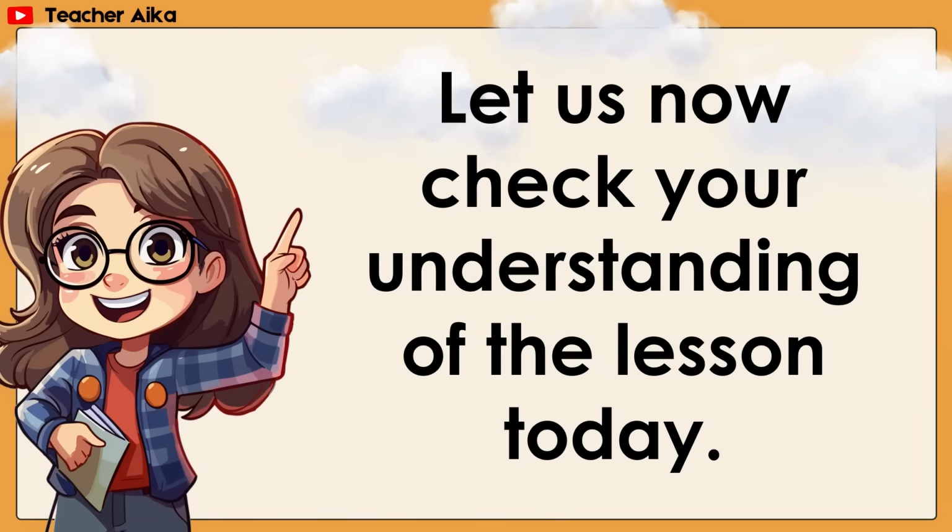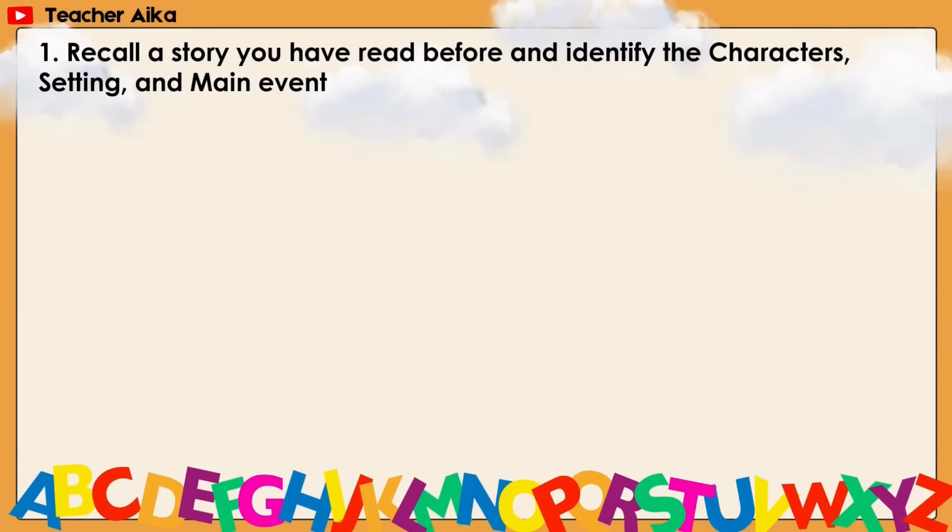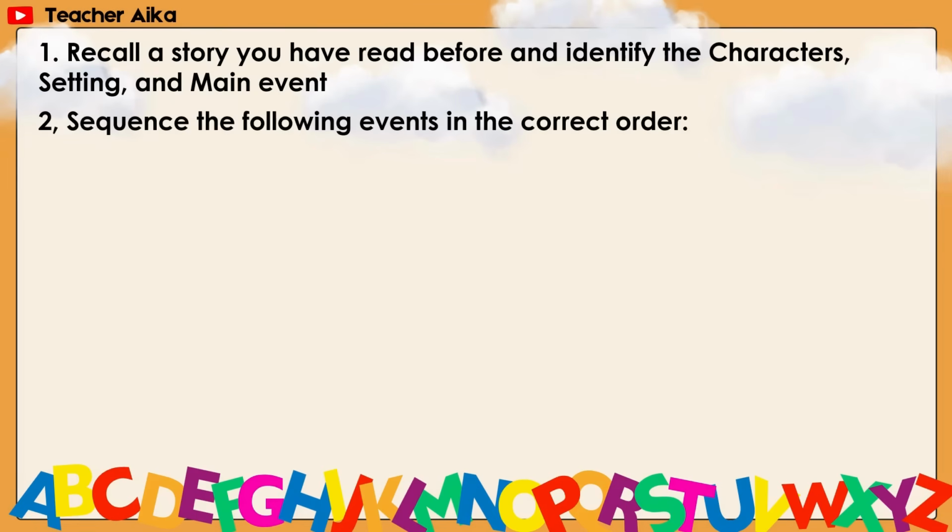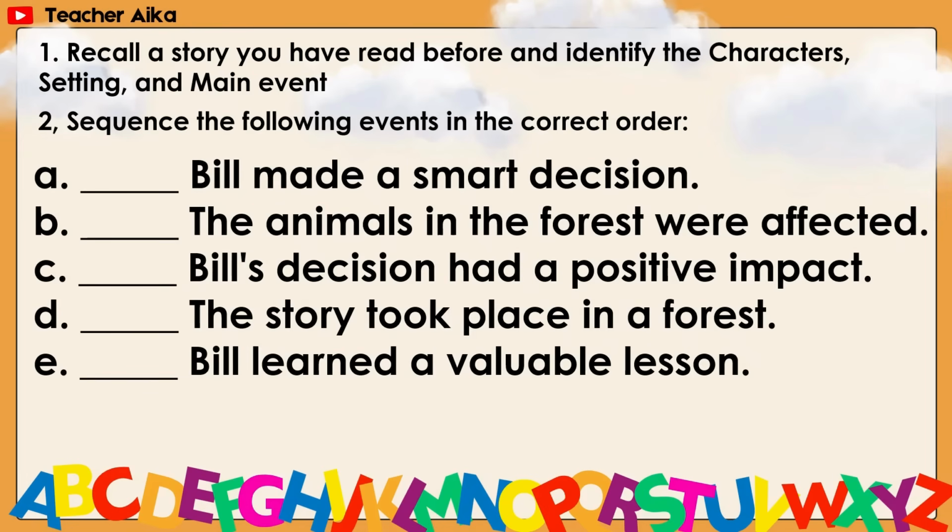Let us now check your understanding of the lesson today. Number 1, recall a story you have read before and identify the characters, setting, and main event. Number 2, sequence the following events in the correct order. Number 1, the story took place in a forest.